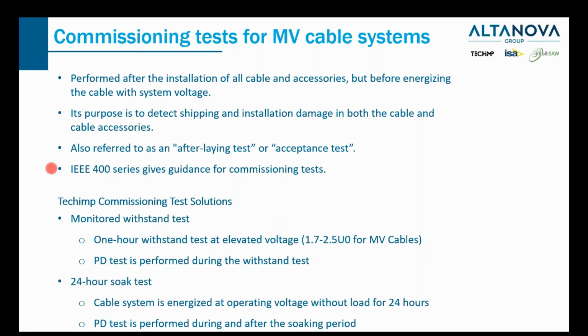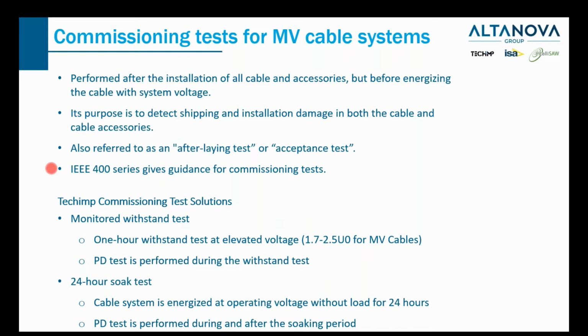And the alternative method is the 24-hour soak test. For some customers or some applications, we don't have the condition to use an external power supply or to apply elevated voltage to the cable system under test. The alternative method is to energize the cable for 24 hours without load. This is called a soaking period.